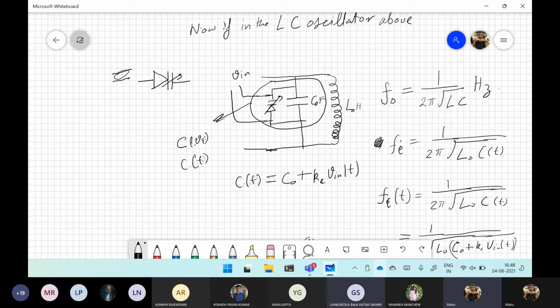But output should be somewhere, right? So that means frequency should come out from somewhere. Then V in equals V out? How is V in equal to V out? How do you take the output of the oscillator? I'm weak with circuits, so you'll have to help me here.